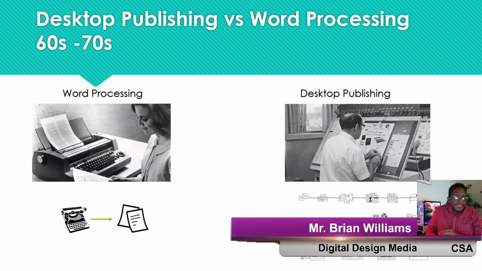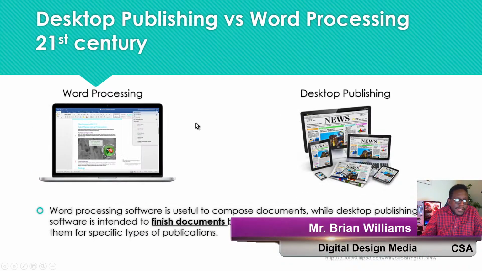So nowadays it's kind of hard to distinguish it because a word processor like Word can do so many things, and it's a very thin line between word processing and desktop publishing. But there is still a difference between them.